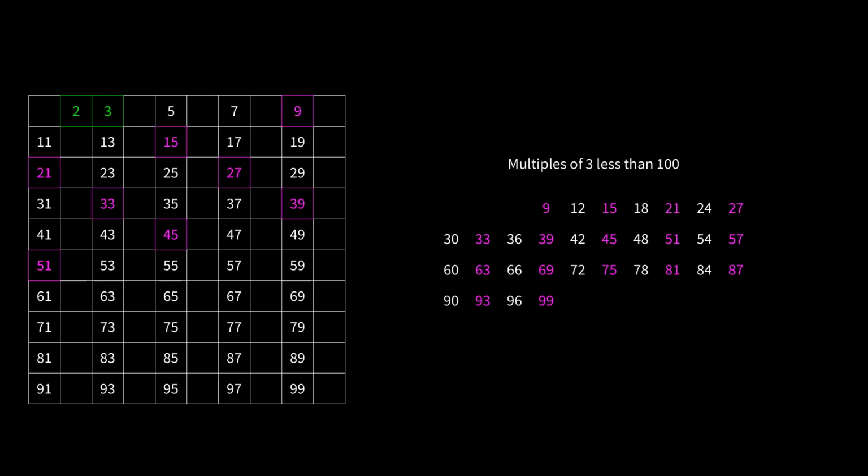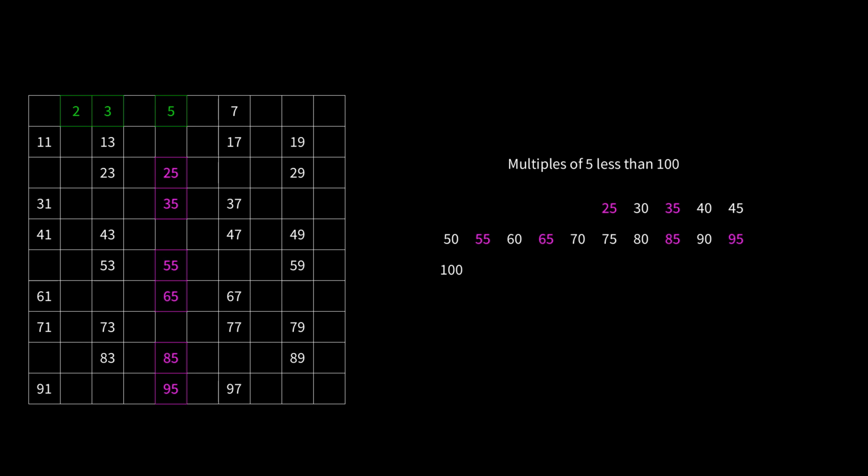Now for number 3, we're going to look at all the multiples of 3 less than 100, but we start at 9 because if you look at 6, 6 was already deleted with number 2. So this is a little bit of an improvement. The original one from Eratosthenes is not a really big improvement, but it's a little bit of an improvement anyways. So we continue the same way.